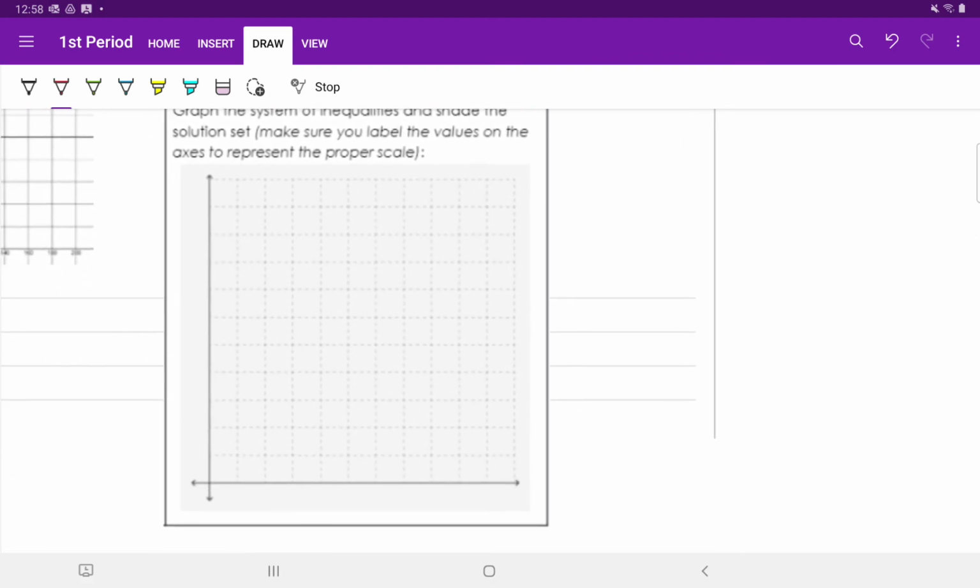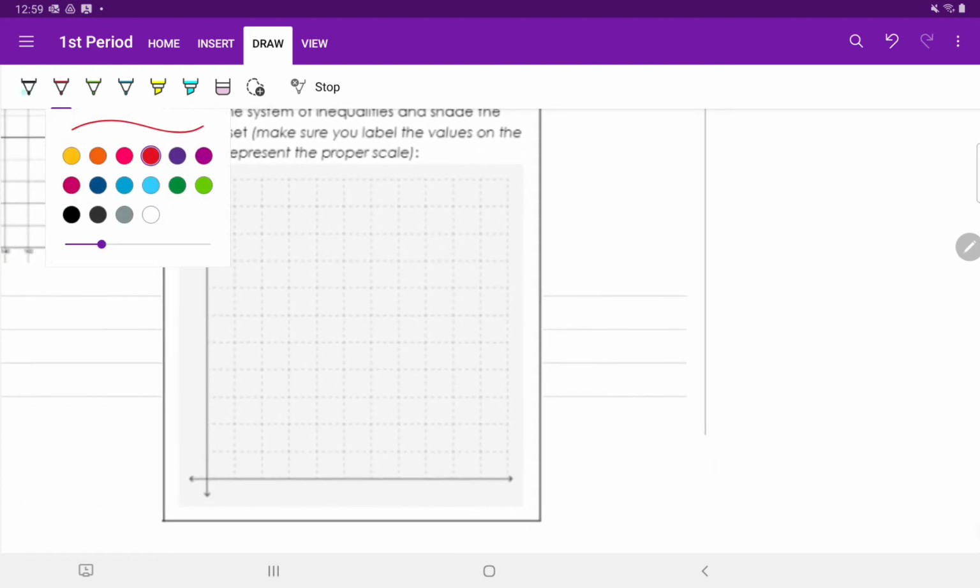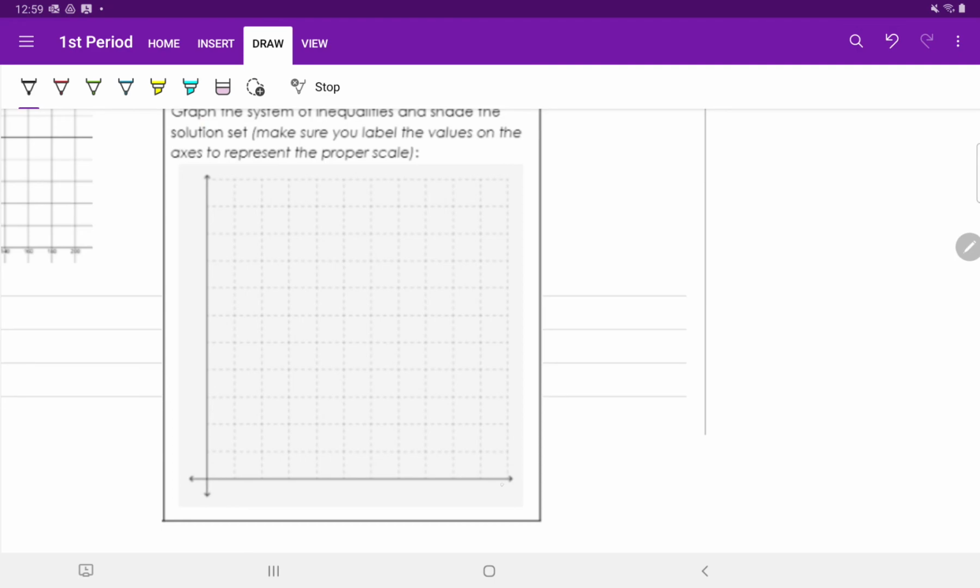So my graph hasn't been labeled, so I'm going to label it. Let's see, we need to go to about 200. So we'll call this, let's see, 1, 2, 3, 4, 5, 6, 7, 8. We'll call that 200. So that'll make this 100. We can split it up a little bit. So each one of my units is 25.